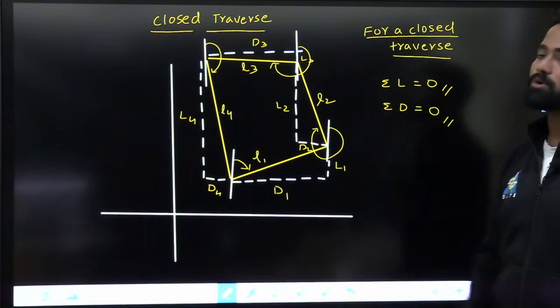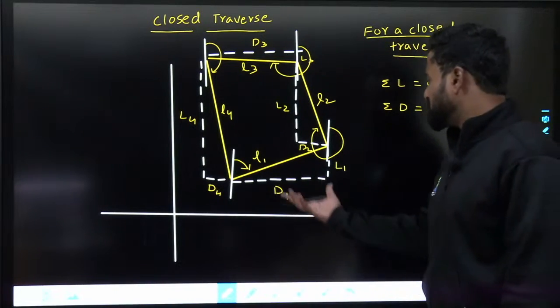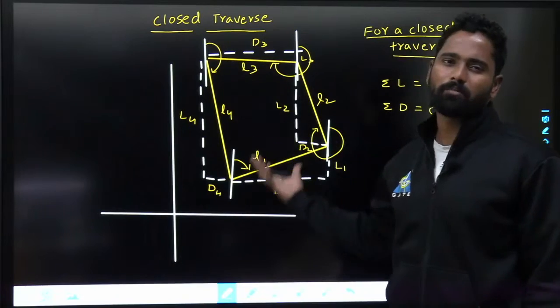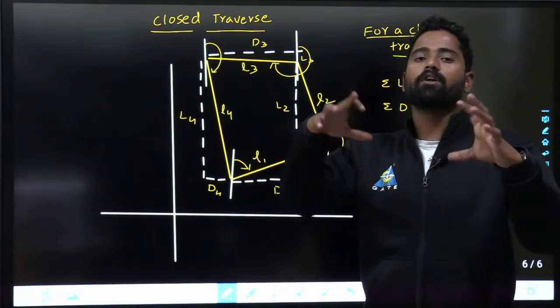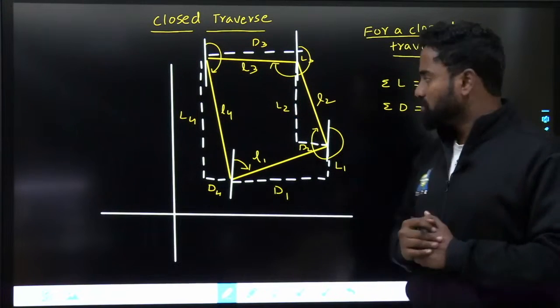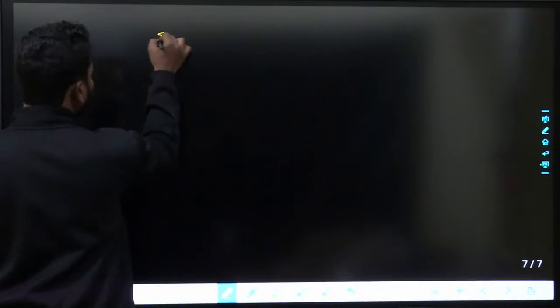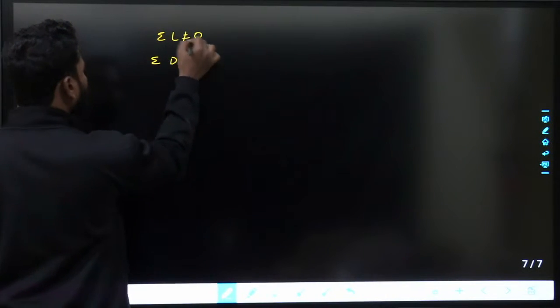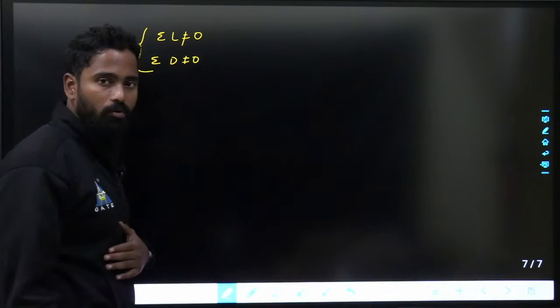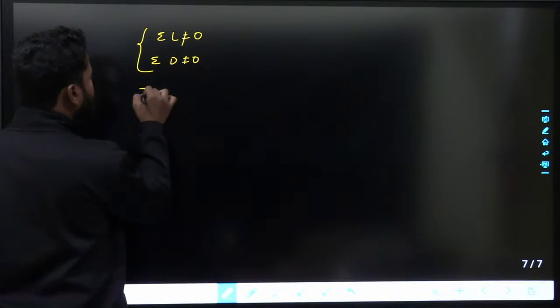Similarly, for latitudes also it will become 0. Then only the traverse will be closed. If not, the traverse will be open. So if sigma L is not equal to 0, or sigma D is not equal to 0, or both are not equal to 0, then the traverse is not closed.